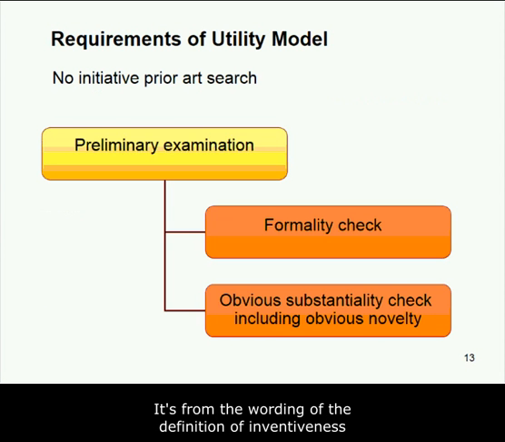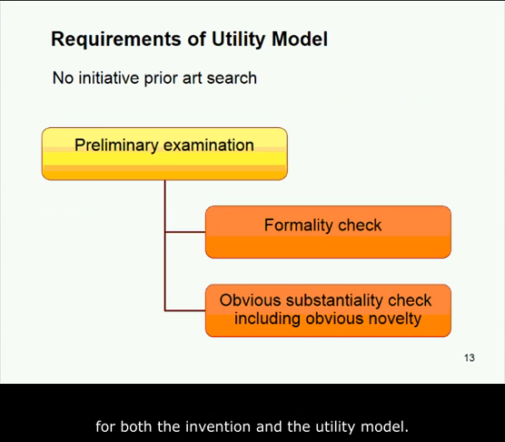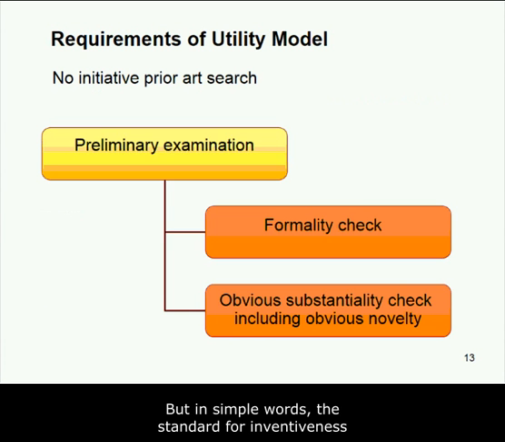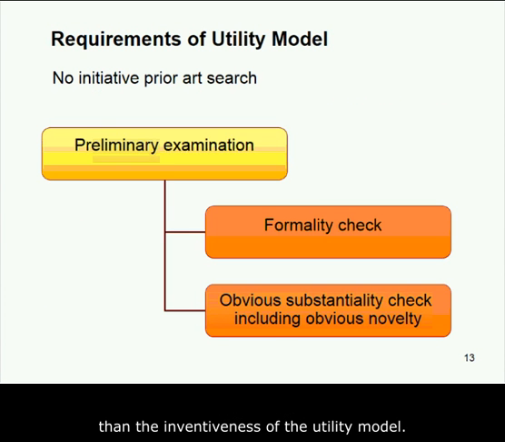From the wording of the definition of inventiveness for both the invention and the utility model, it's a little kind of confusing, but in simple words, the standard of inventiveness for an invention patent application is higher than the inventiveness of a utility model.